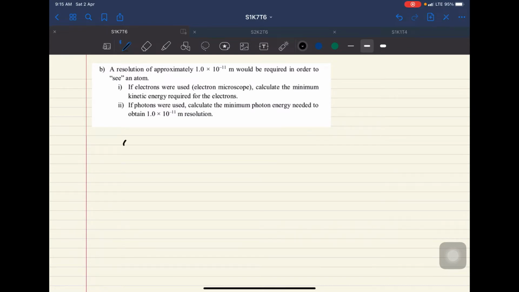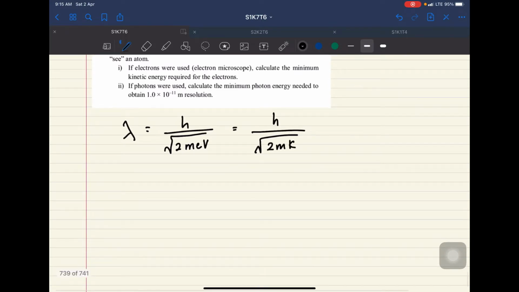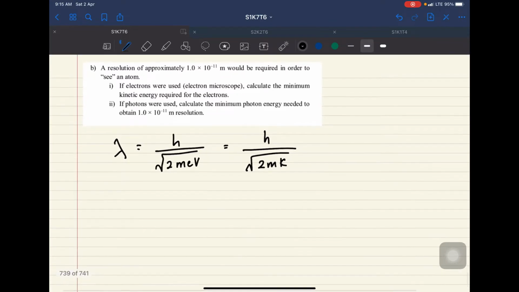Okay, so the given equation in the formula sheet is lambda equals h over square root of 2 meV, but you can substitute eV with kinetic energy, right? So it becomes 2mK. So lambda is 1 times 10 negative 11.